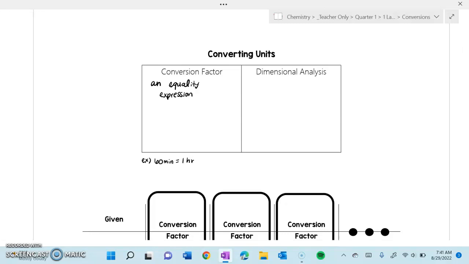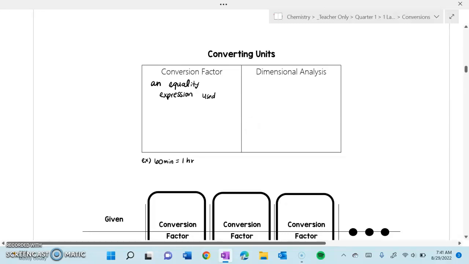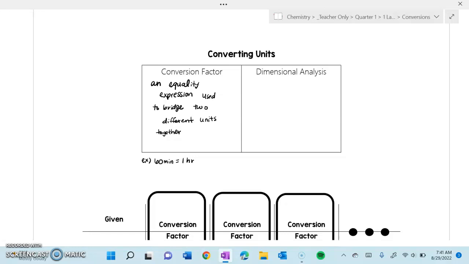It's our equality expression, and we are going to use these kind of like a bridge between the two different units. In this example, minutes and hours are the two units that we will be bridging together using this conversion factor. When you are reading a problem for conversion, some type of word problem, you will want to look for certain words that will identify a conversion factor.